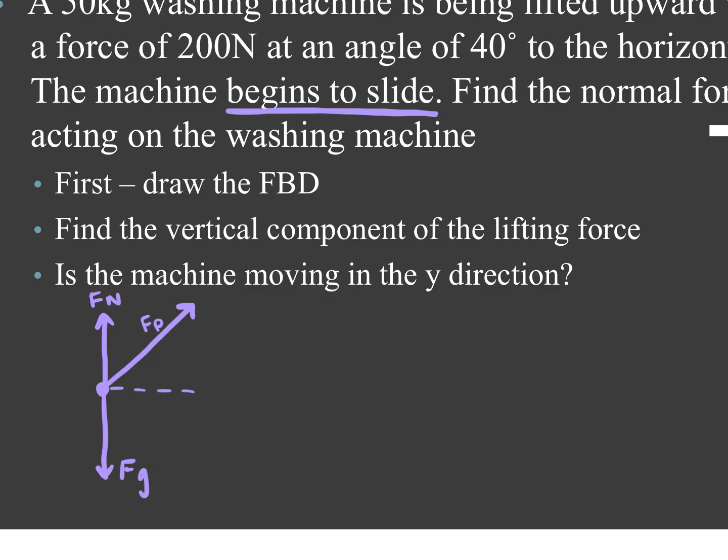Let's go ahead and look at the components here. If our goal is to find the normal force, do I need both sets of components or do I just need the vertical component? I really just need the vertical component, right? There's my 40 degrees. We're going to call this force of the pull in the y direction.